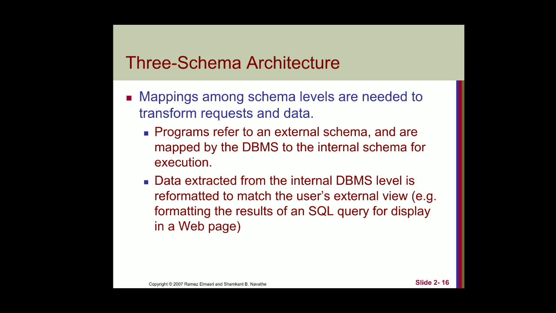Programs refer to an external schema and are mapped by the DBMS to the internal schema for execution. Then data extracted from the internal DBMS level is reformatted to match the user's external view. The data will be present in a different format in the database, and that has to be modified so that it is given to the user in the correct format.